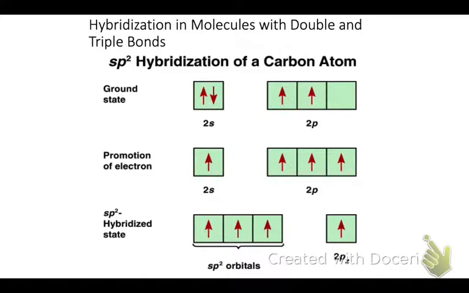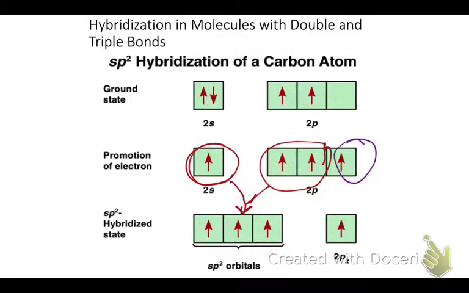So in this case, this carbon specifically needed 3 hybridized orbitals. So what did it do? It mixed 1 s with 2 p's, because it only needs 3 hybridized orbitals. So that left this p orbital here to be kept pure, not hybridized, having 1 electron in it.